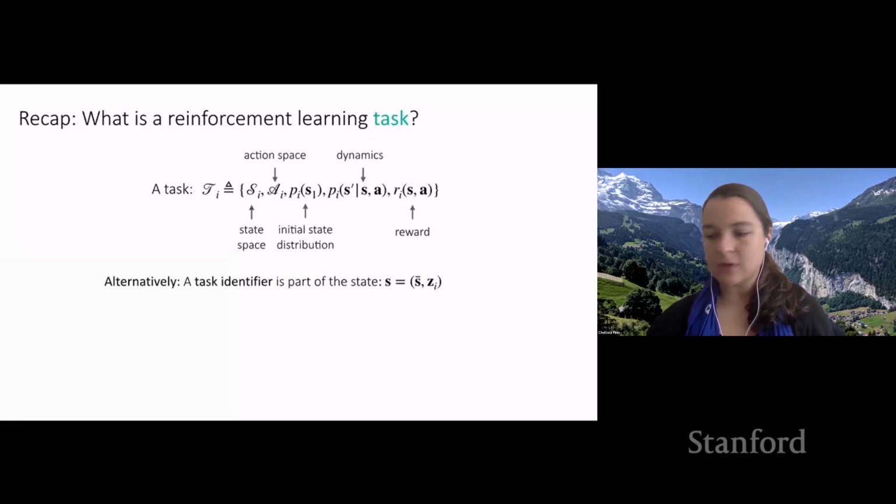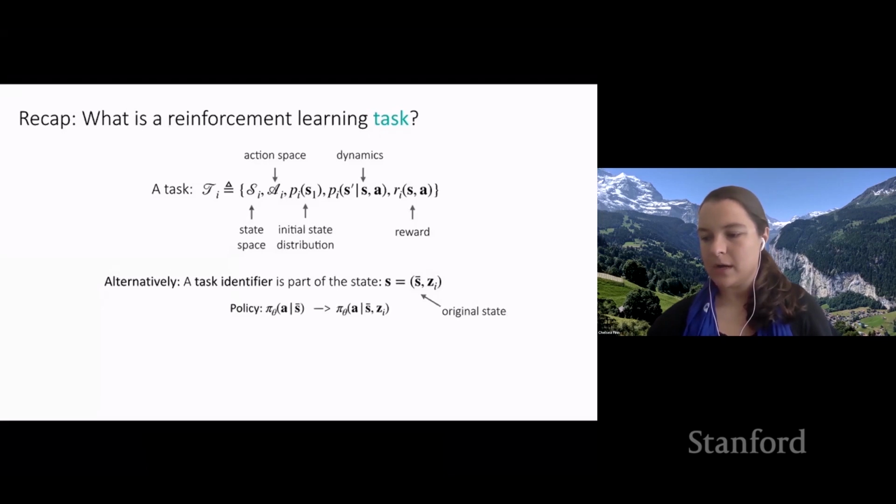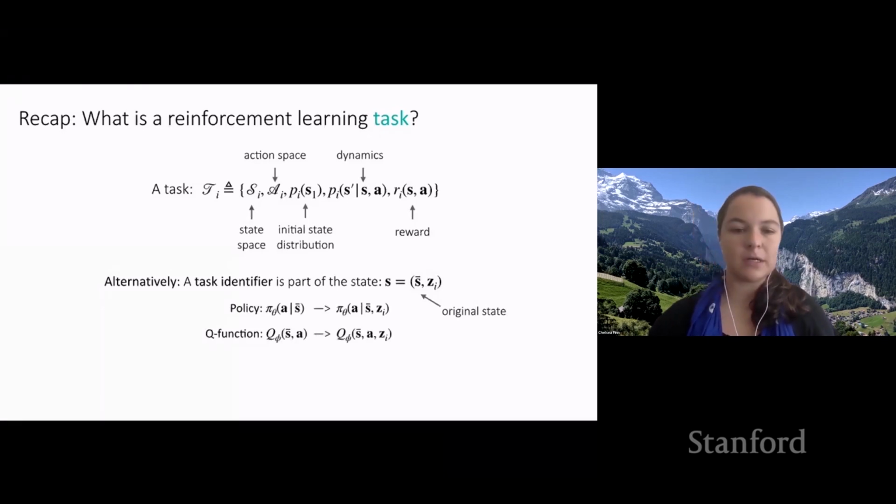And you can alternatively view a multitask reinforcement learning problem as something that tries to integrate a task identifier into your representation of the state, where this S bar is the original state. This puts the set of MDPs into a single MDP, where you can then condition your policy and your Q function on the task identifier in order to get a multitask policy or a multitask Q function.